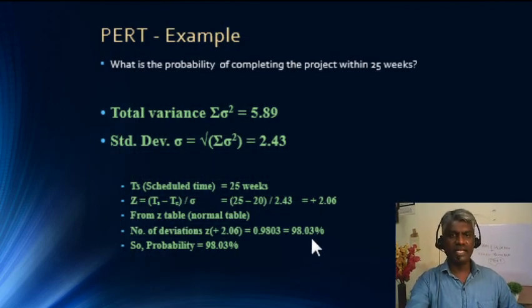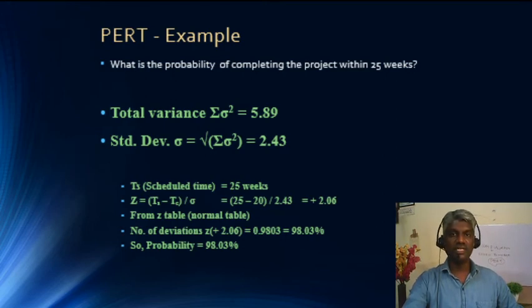So 0.9803 is the area under the Z value 2.06, or in other words we can say there is a 98.3% probability of completing the project within 25 weeks. So the fourth question is solved.